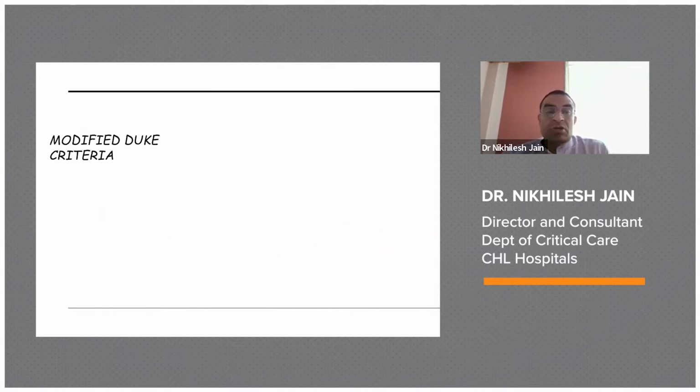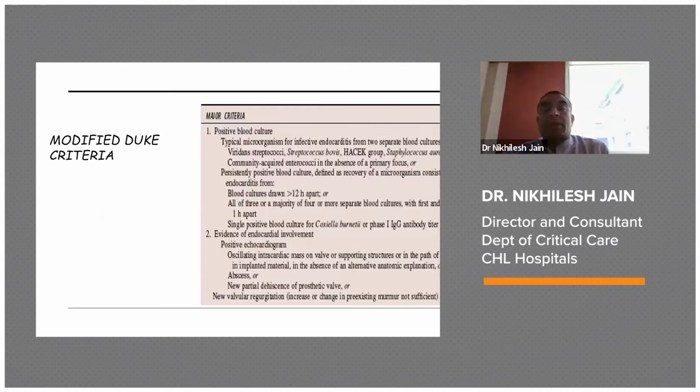So the modified Duke criteria would include a positive blood culture: a typical microorganism for infective endocarditis from 2 separate blood cultures. It could be viridans, Streptococcus bovis, HACEK group of organisms, Staph aureus, or community-acquired enterococci in the absence of a primary focus.